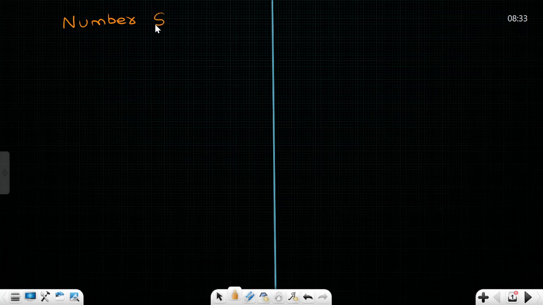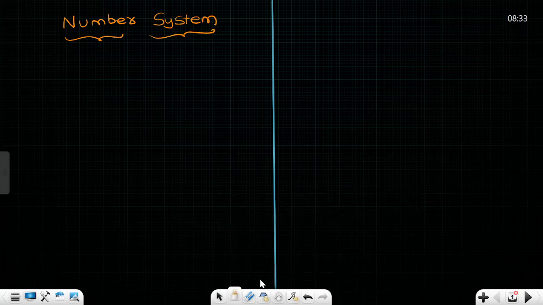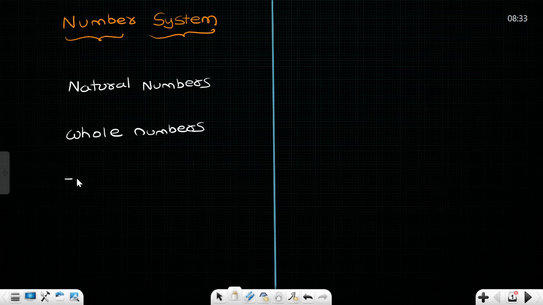Today we are starting a new chapter, that is number system. So in this number system, Akshita, from your childhood, or let's say 6th, 7th and 8th classes, you might have learned about natural numbers, whole numbers, and integers and their operations.